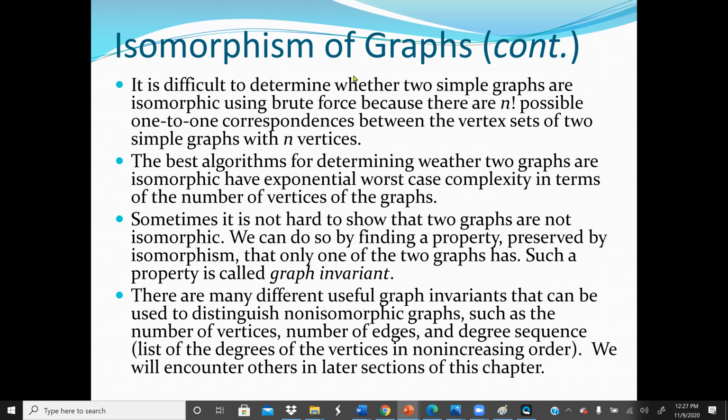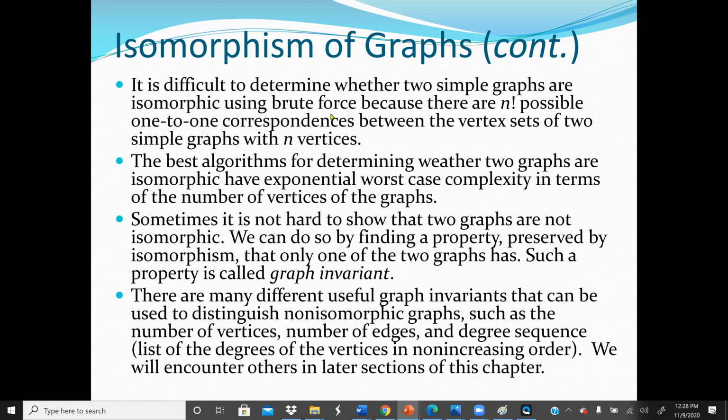So isomorphism of graphs, here we say that it's difficult to determine whether two simple graphs are isomorphic using brute force. And brute force algorithm means we have to compare all the possible vertices and edges together. And the time complexity is very, very high.